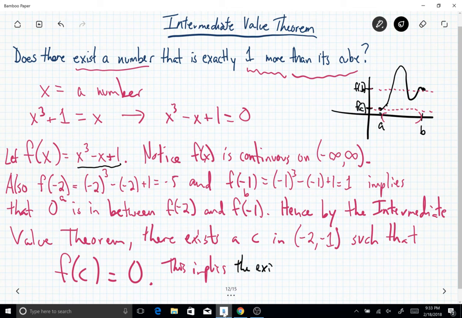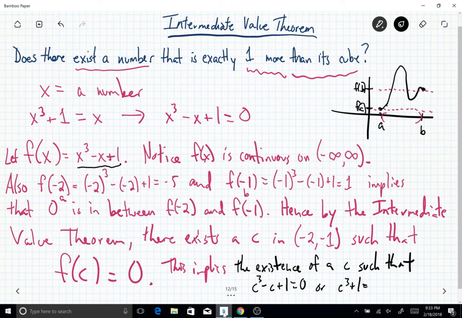So this implies the existence of a c such that c cubed minus c plus 1 equals 0, or more simply put, c cubed plus 1 equals c, which is what we wanted in the first place. Okay, so that's another way. It's kind of roundabout, it seems, but we were able to show it.